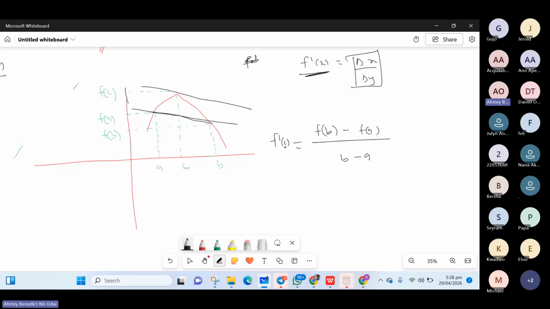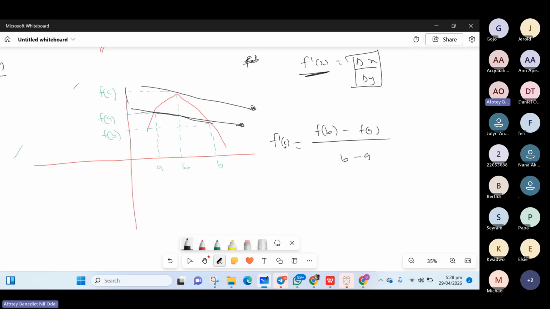Let's take a minute and understand what we just did. Two lines have the same gradient. This line through f(a) and f(b), and this line, have the same gradient.